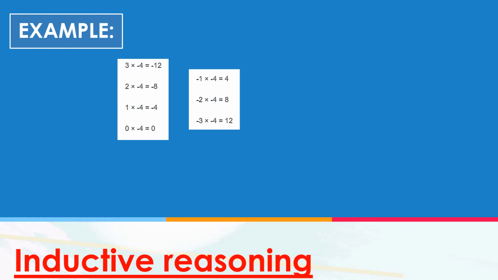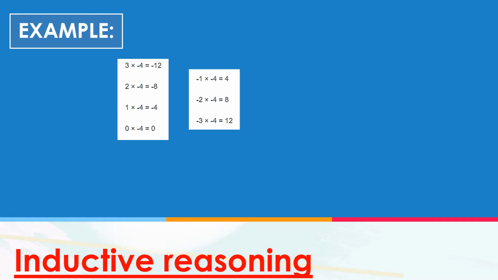Ano ang na-observe natin sa given? Diba? We can say na yung first factor binigay 3, 2, 1, 0, negative 1, negative 2, negative 3. Nagdi-decrease by 1 multiplied by negative 4. Yung product niya, nag-i-increase naman by 4.